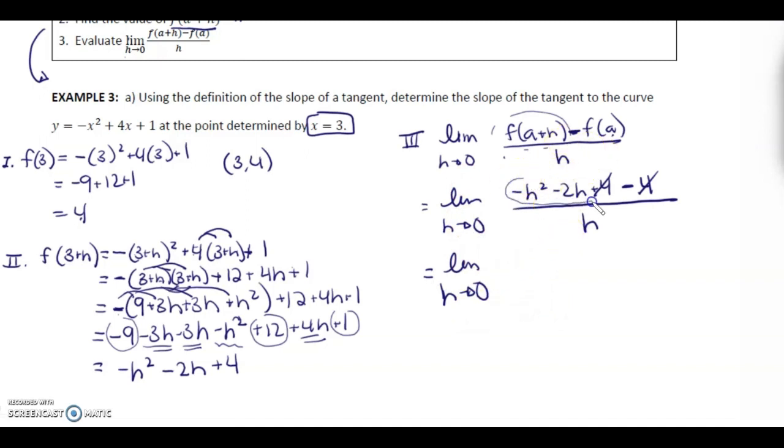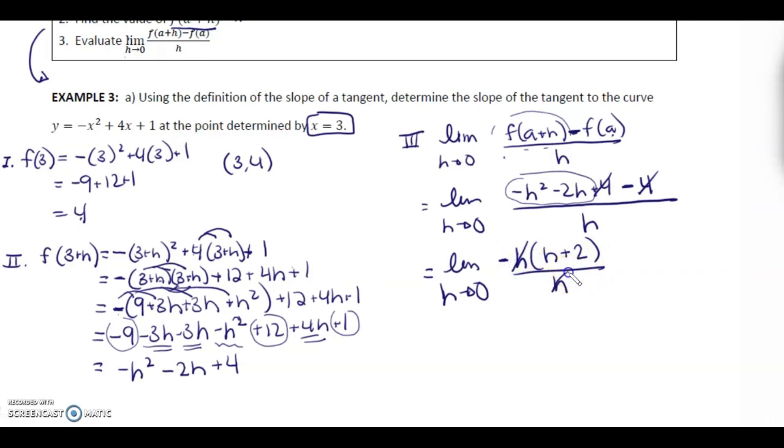So taking a look at the numerator, we can factor out an h. We can factor out a negative h, so it's nicer. Okay, we're left with negative (h plus 2) all over h.